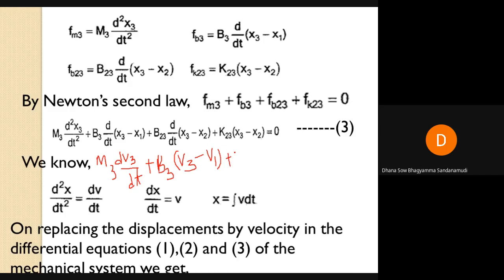Plus B23 into d by dt means V, so B23 into V3 minus V2, plus K23.